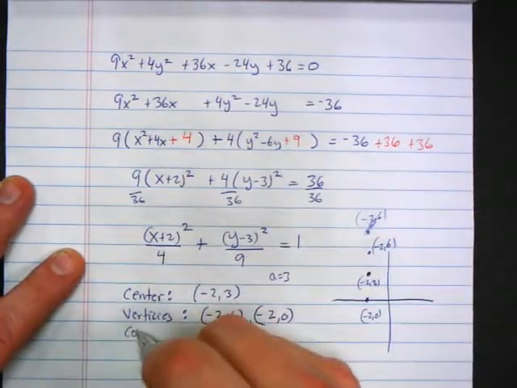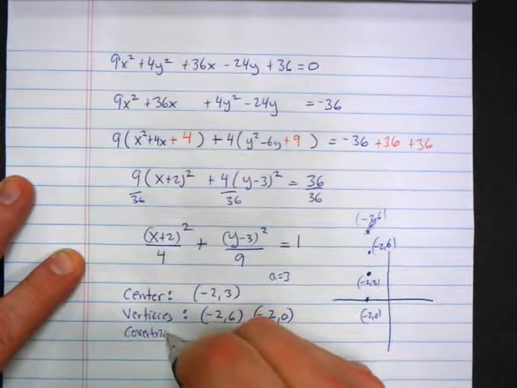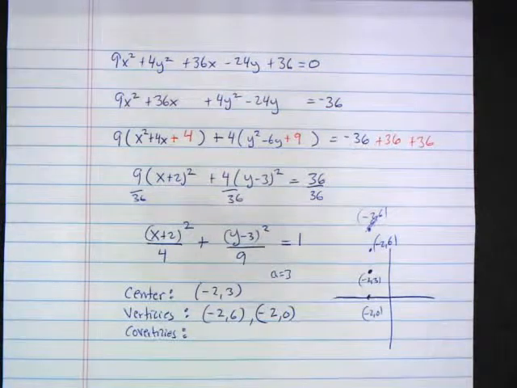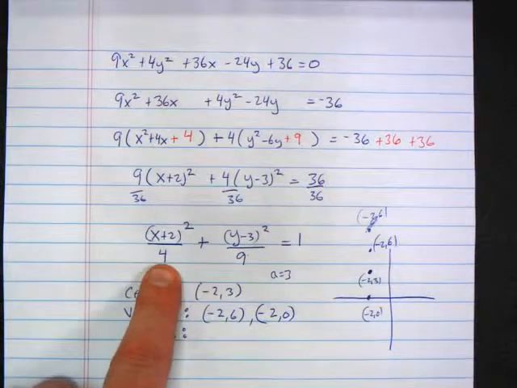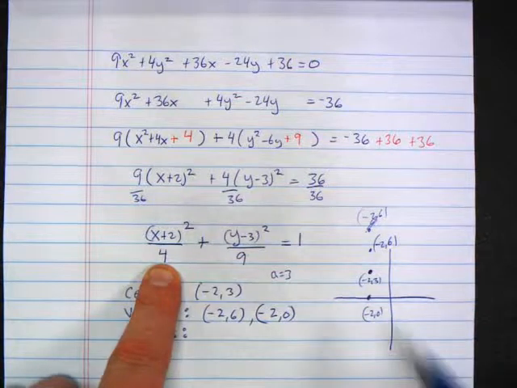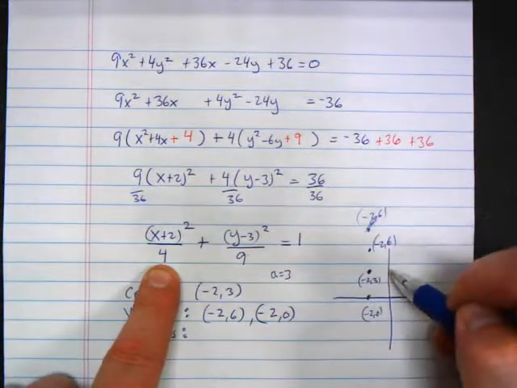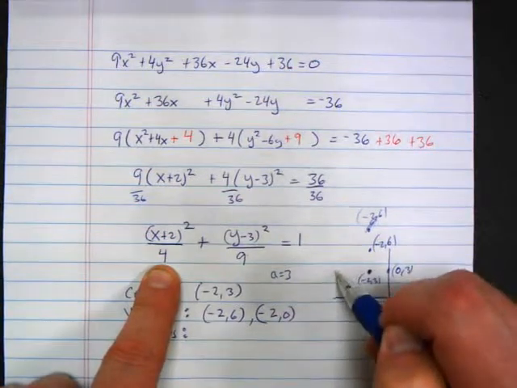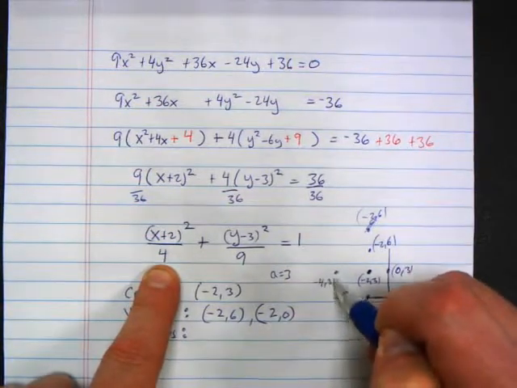Okay. How about the co-vertices? Negative 4, 3 and 0, 3. Very good. Same deal. Your smaller number is 2 squared. So you're going to start here, go 2 to the right, which puts you at 0, 3, and go 2 to the left, which puts you at negative 4, 3.